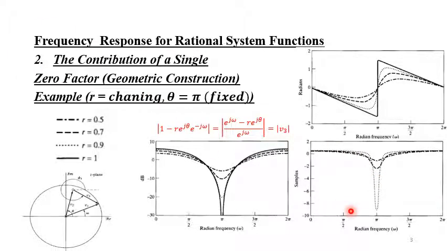Whereas when we move away from omega equals theta, in this region, the group delay becomes positive and relatively flat. So I hope this gives you a basic idea.